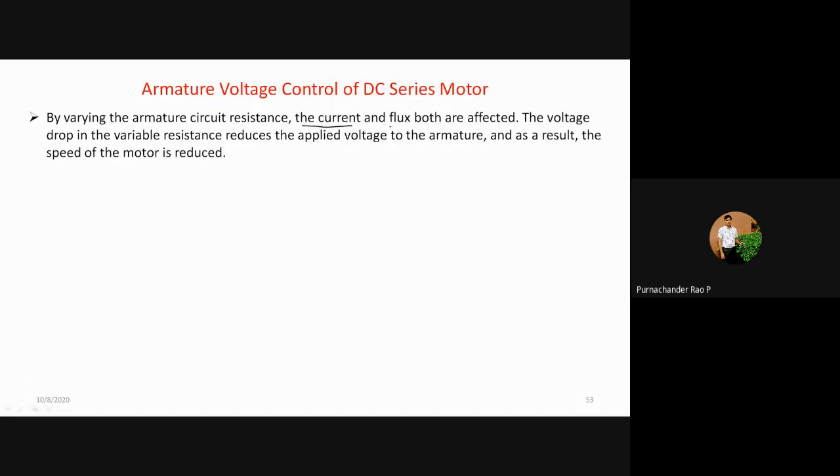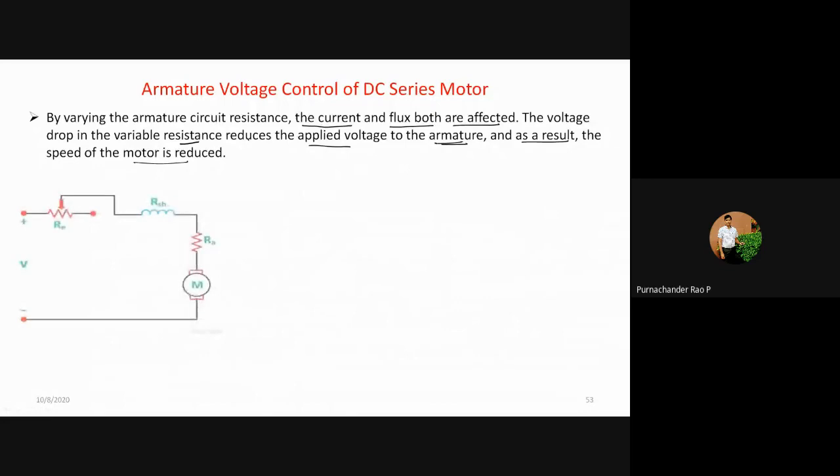Therefore, the voltage drop in the variable resistance reduces the applied voltage to the armature, and as a result, the speed of the motor gets reduced.